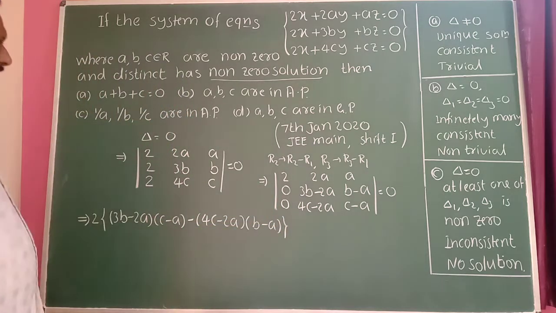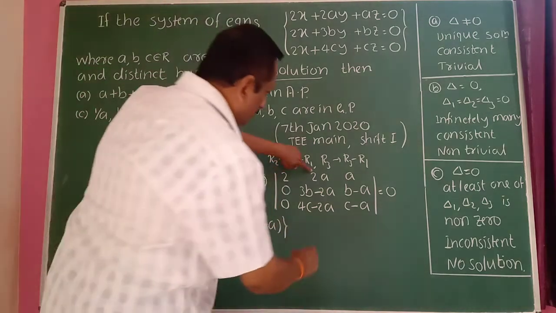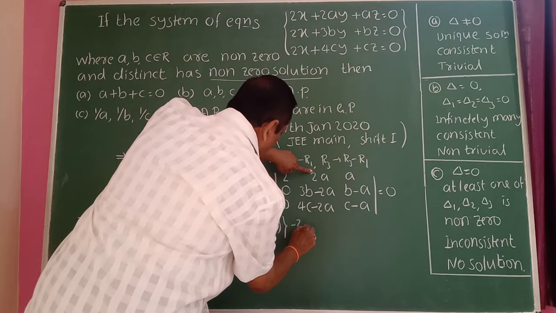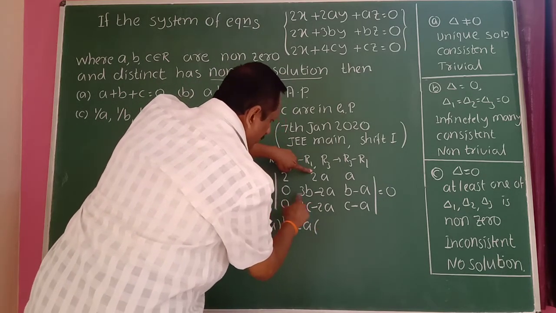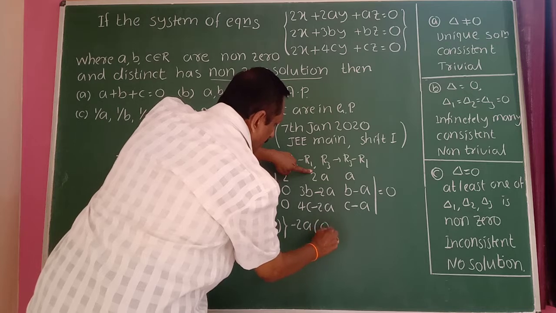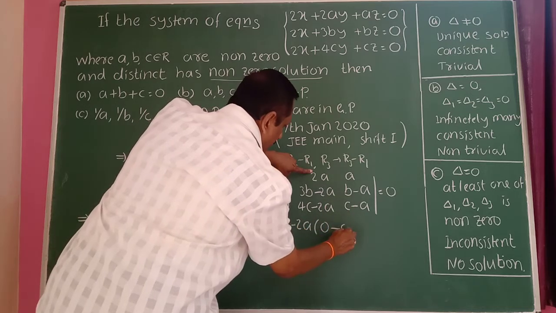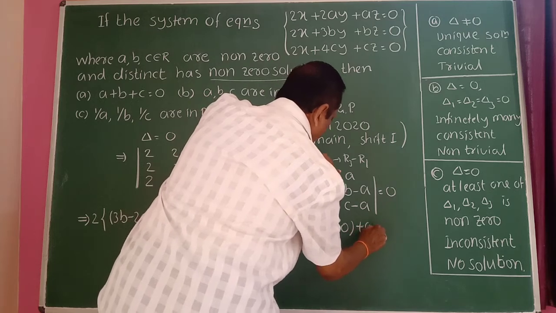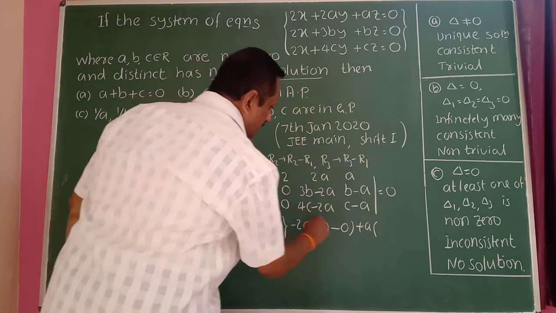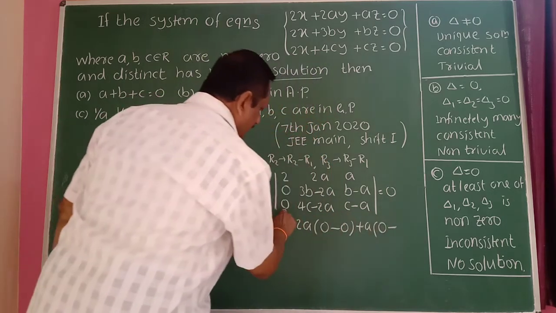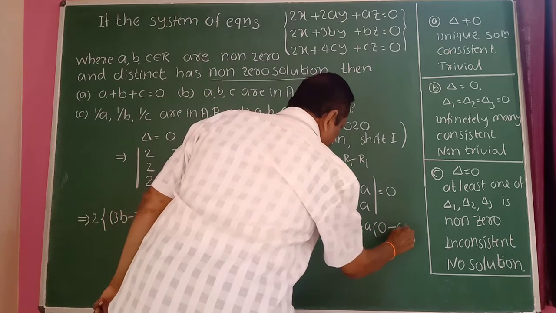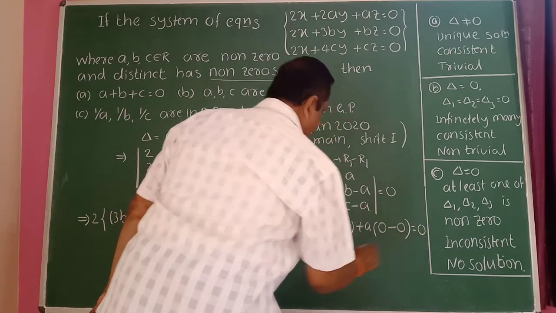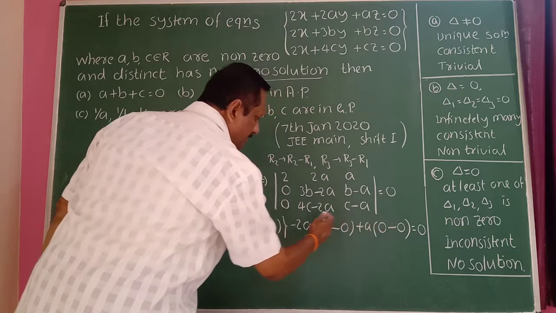Bracket complete here. Then 2a into minus of 2a: 0 into this term is 0, 0 into this term is 0. Then plus a into bracket: 0 into this term is 0, and 0 into this is also 0. That is equal to 0, meaning these two terms become 0.